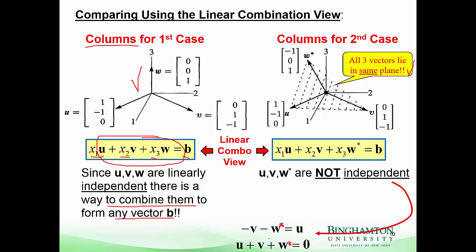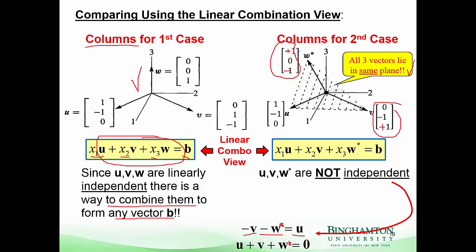But look, I can take negative V minus W star, and that'll give me 0. So negative V gives me a negative, and a plus, minus W star. Let me negate that, and I'm going to negate that. So now let's add this modified vector to this modified vector.